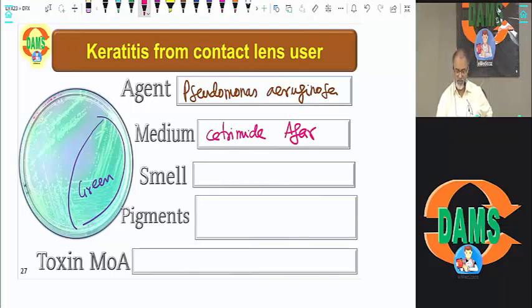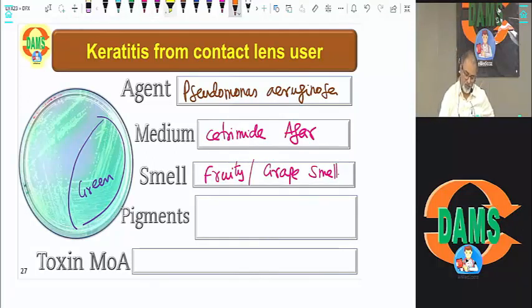What is the smell of this bacteria? Sweet, fruity smell or grape smell. Got it? What pigment does it produce?